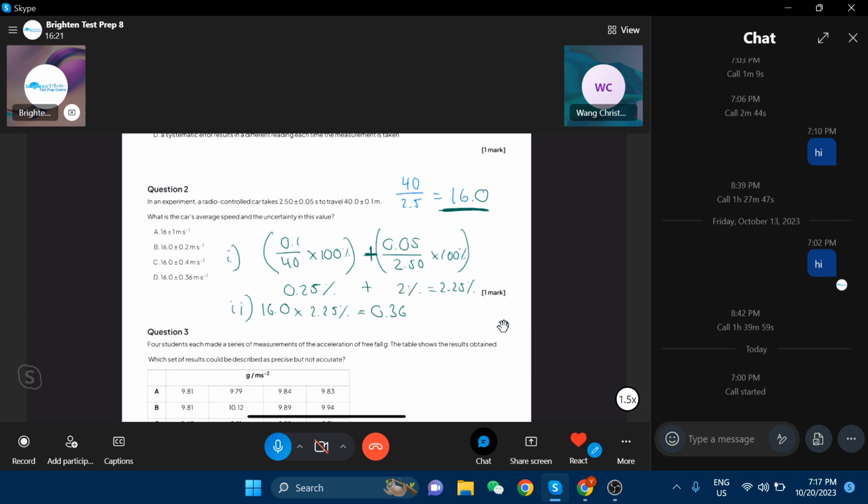We cannot talk about 16.0 meters per second plus minus 0.360, for example. It has to have the same range, meaning digits. So the 0.36 has to become, what do you think, Chris? What does it have to become to match the 0.0?